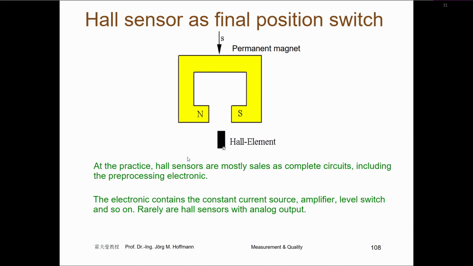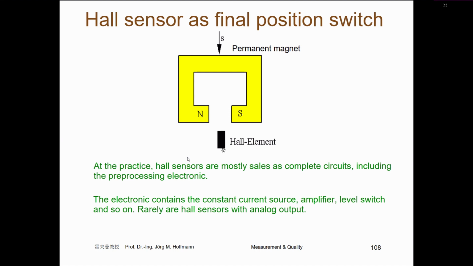The Hall elements are normally not sold as a pure element. Normally it is sold directly with a current source, with the amplifier, and then you have an output, mostly a switching output.